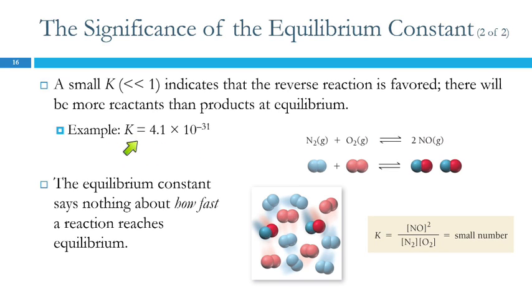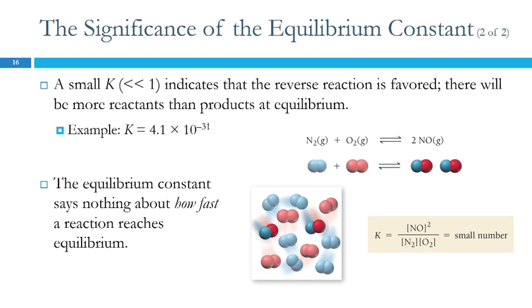With an equilibrium constant this small, if you were studying this reaction, it would probably be hard to even detect the NO that's in there. There's going to be some, but it might be so small that you can't detect it with whatever method. And so it looks like the reaction didn't happen at all. But it does a little tiny bit.